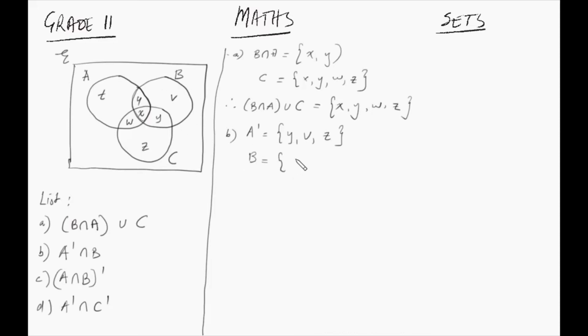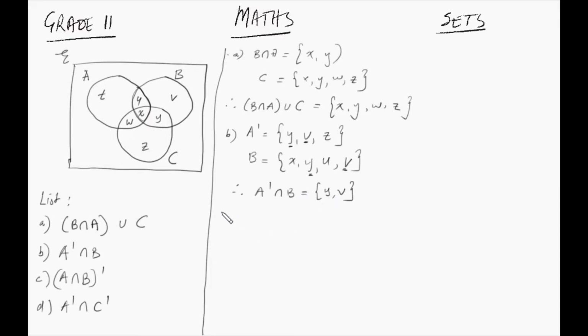We have X, Y, U, and V. So you have these two sets and they say intersection. Intersection means the common elements. So I see V here and here. Then I see Y here and here. So that means you can say therefore A complement intersect B is this set, Y, V.